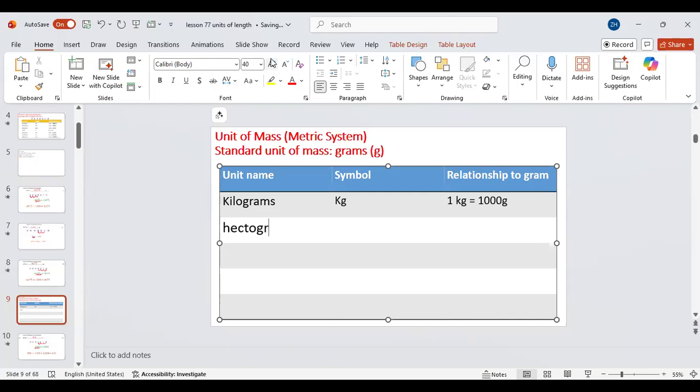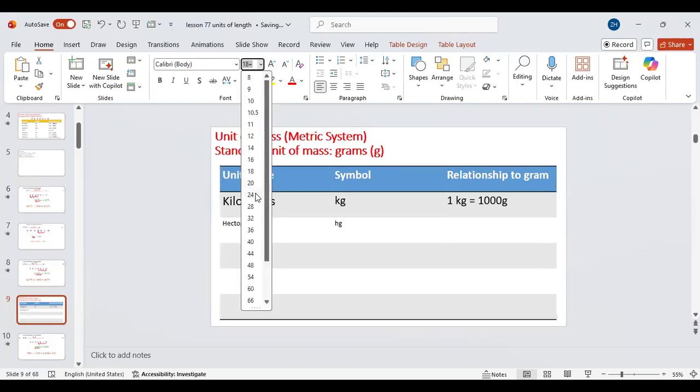So we have the hectogram, and its symbol is hg. You're right, Dominic, it is hg.